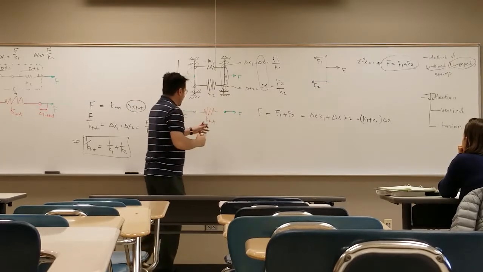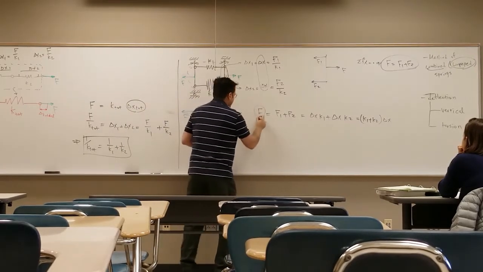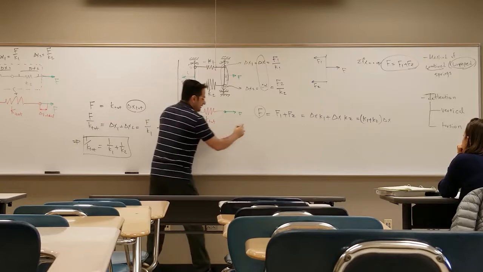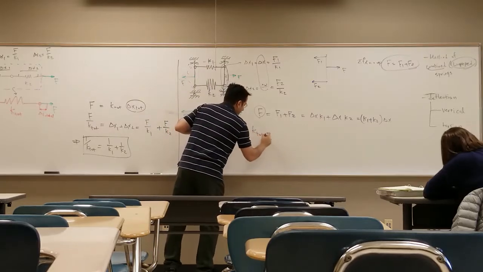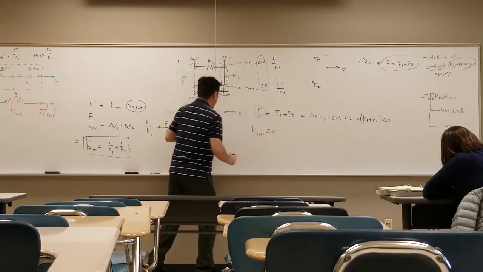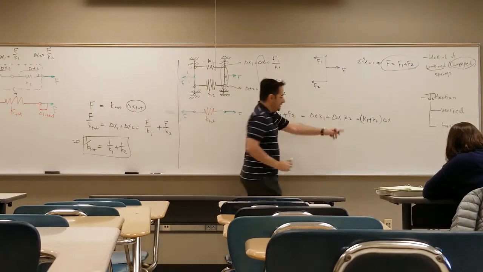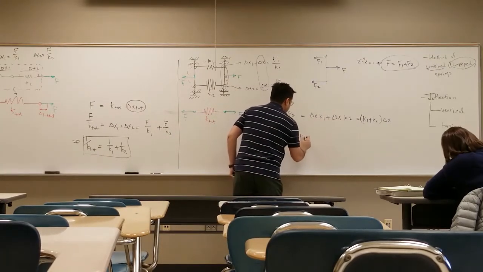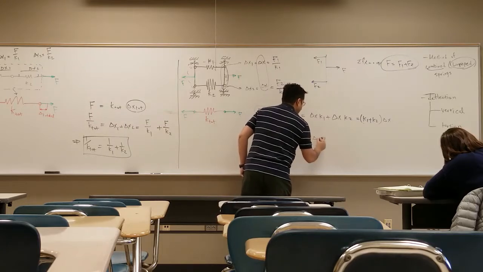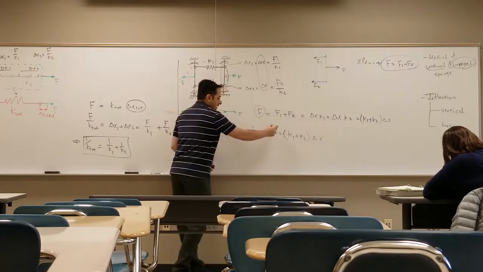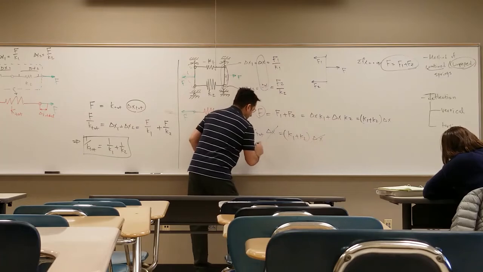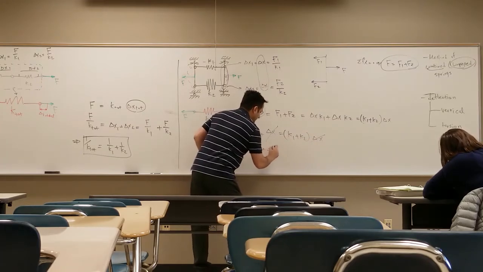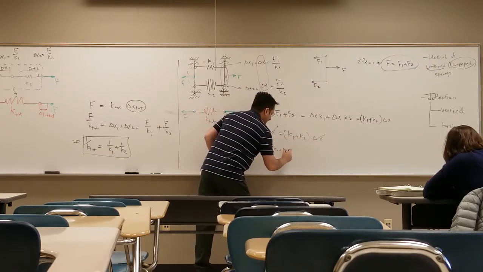So instead of F, I can write K total times delta x, and this is equal to K1 plus K2 times delta x. Now you can cancel out delta x, and K total is equal to K1 plus K2.